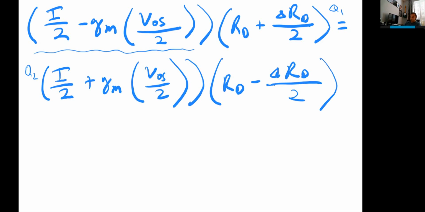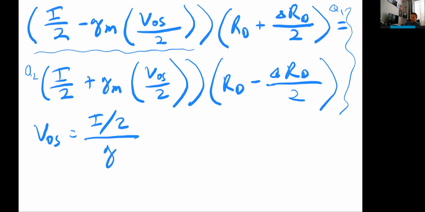And again, if you go through some algebra and solve this expression for the offset that you want to find out, which is your nullification voltage to make the output 0, you find that the offset expression is the bias current divided by 2 divided by GM times the percentage difference of the RD.